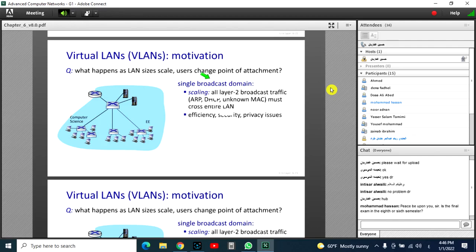So the broadcast domain is a domain where, if I send a broadcast message, all connected devices inside the domain will receive that information.